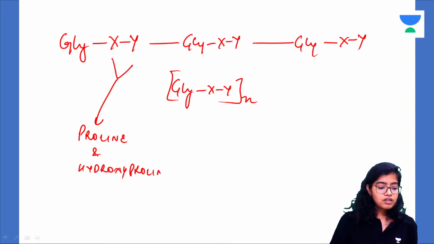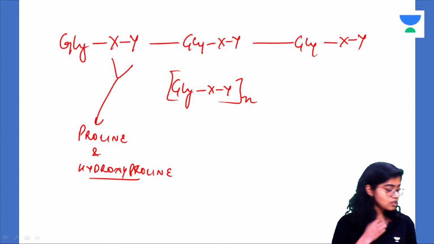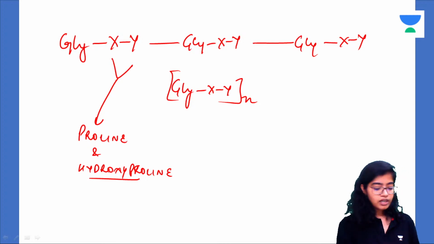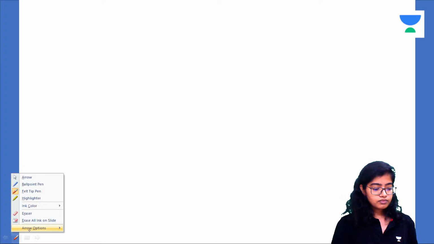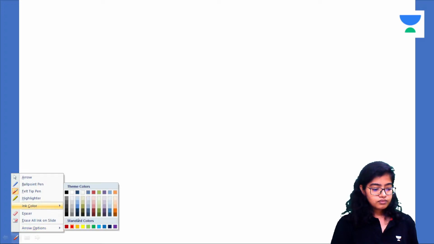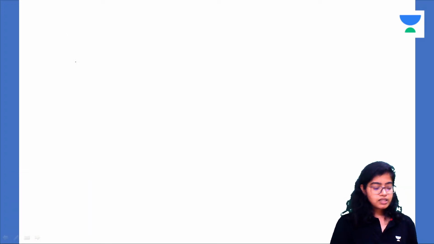Yesterday we discussed how proline and hydroxyproline are formed, isn't it? How is hydroxyproline formed? What is the enzyme involved in the synthesis of hydroxyproline and what is the process called?